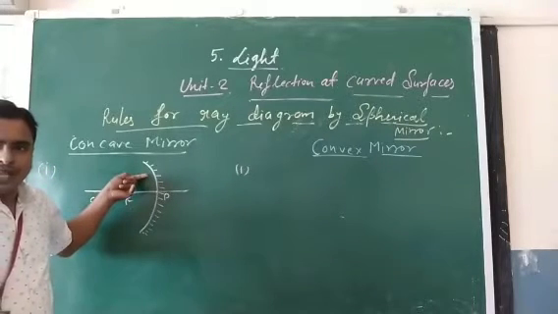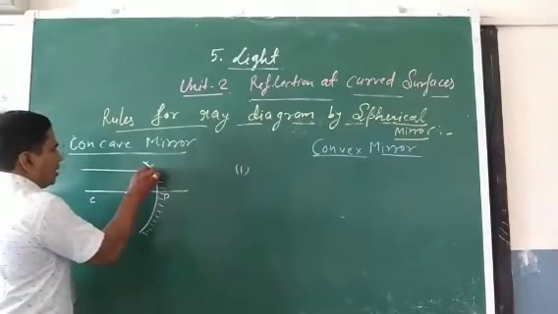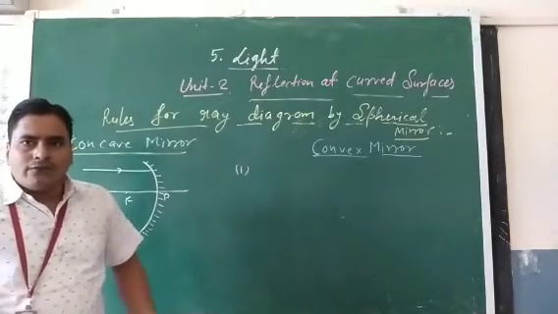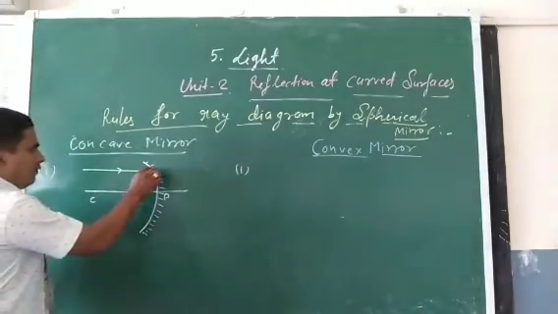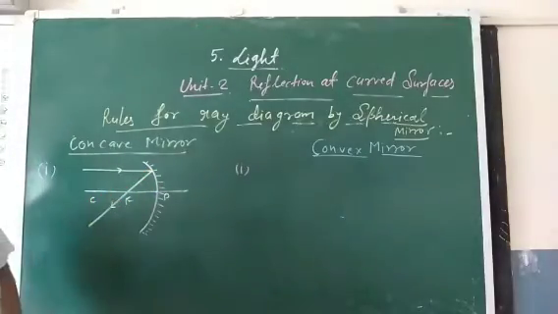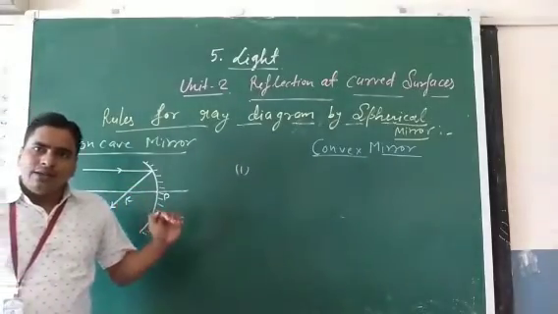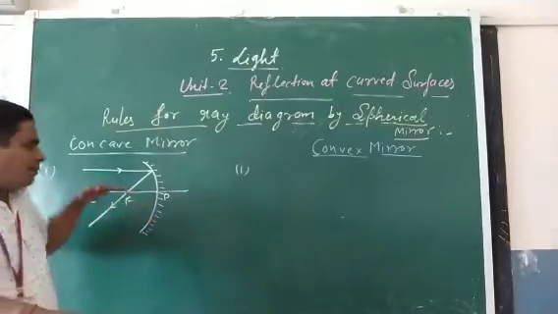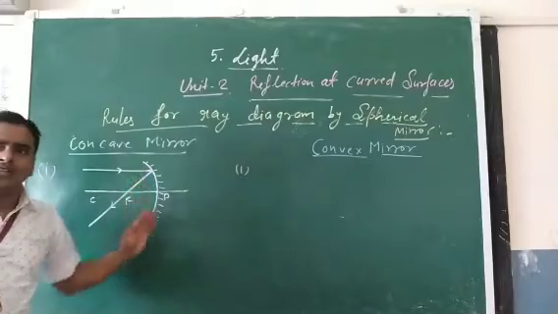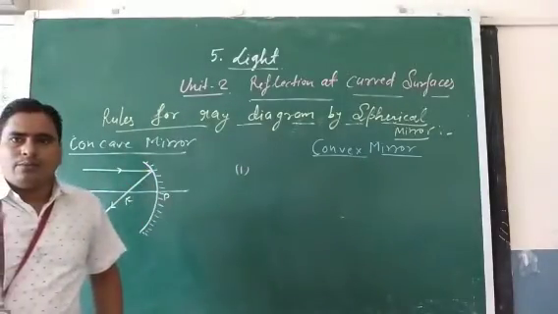When a ray comes from the source passing parallel to the principal axis, after reflection it will go through the principal focus or focal point. If the incident ray is coming parallel to the principal axis, reflection will happen because it's a reflecting surface. So after reflection, it will go through the principal focus.